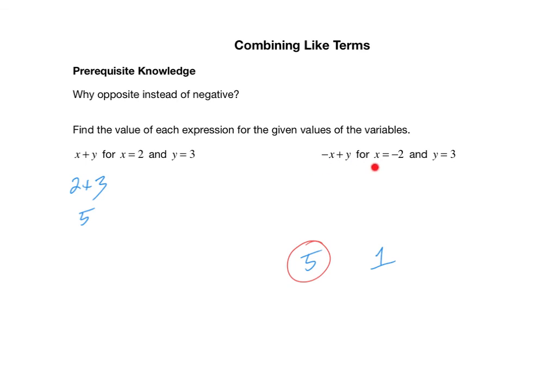For those of you who may have gotten 1 here, why is that? My belief in why that happens is actually in part because of how people read this expression. The most common way people read this expression is negative x plus y. And while that's not incorrect to say that, some people literally take this as saying negative x means that represents a negative number.